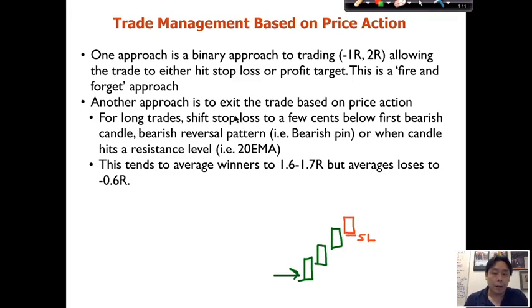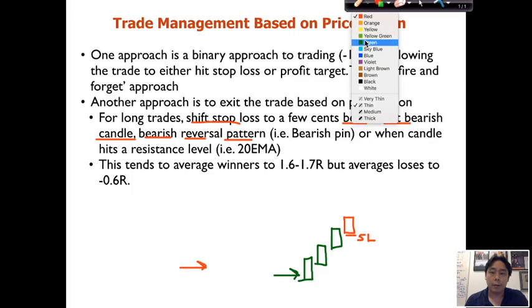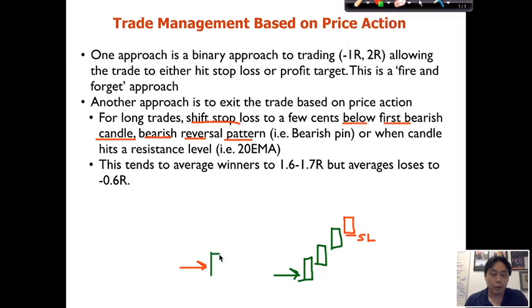Okay, so it says over there, shift your stop loss below the first bearish candle. Next, you can also shift your stop loss below the first bearish reversal pattern, for example, a bearish pin bar. So again, for example, you enter the trade over there, and then you got your bullish candles, you're going up, okay?